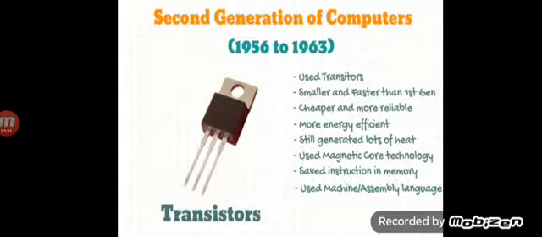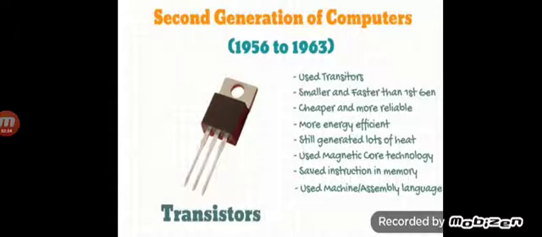The second generation of computers came between the years 1956 and 1963, when transistors, as you can see in the picture on the screen, replaced the vacuum tubes. So first generation computers used vacuum tubes, and second generation computers replaced the vacuum tubes with transistors. This made the computers smaller, faster, cheaper and more reliable.